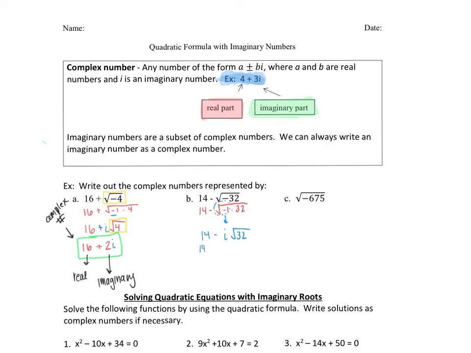So I have 14 minus i, and now I need to find two numbers that multiply to give me 32, with one of those numbers being a perfect square. And I know that 16 is a perfect square, and 16 times 2 is equal to 32, okay? So I'm just going to go ahead and break it down a step further. I'm keeping the 14 minus the i the same, and I'm going to break it down to the square root of 16 times the square root of 2.